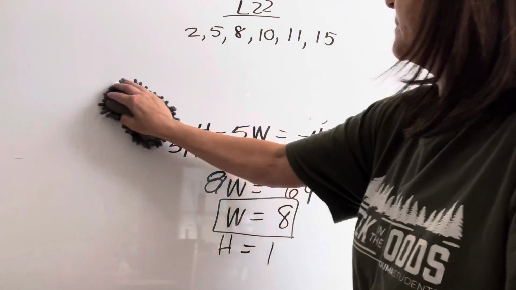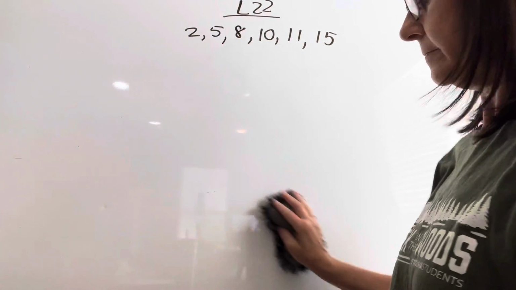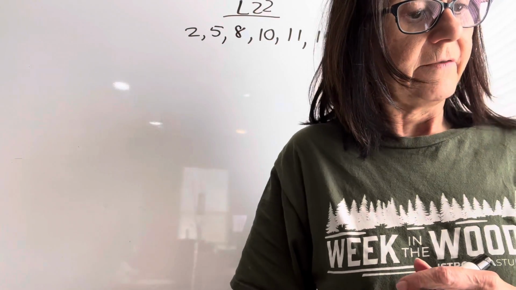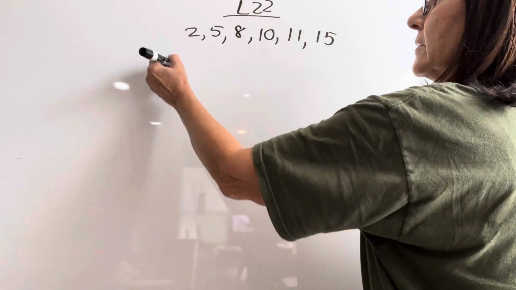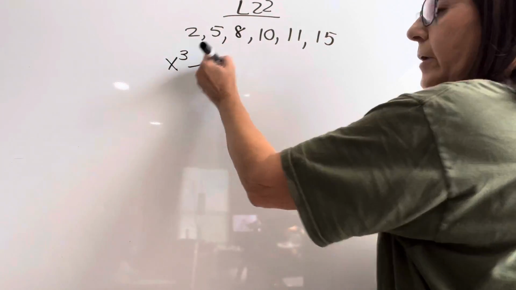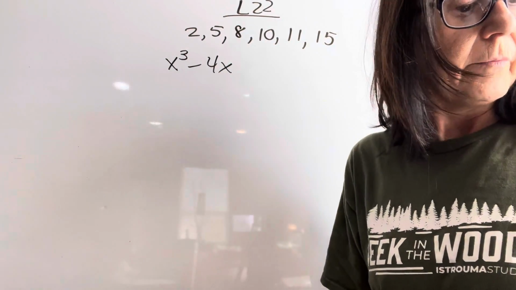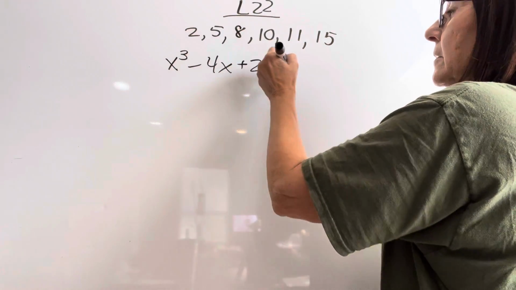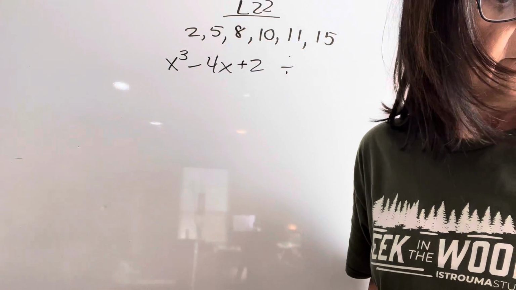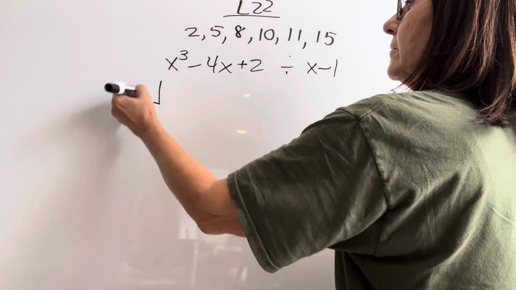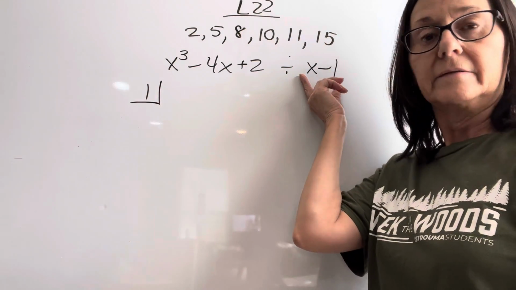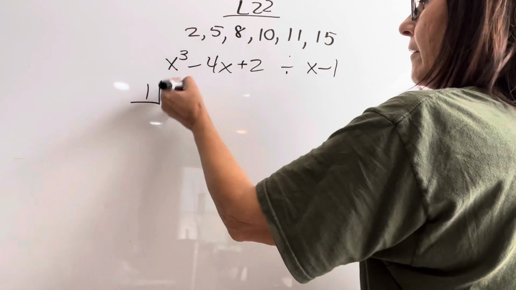Number 8. Divide x cubed minus 4x plus 2 divided by x minus 1. All right, so I write the number that makes this equal to 0. I write my coefficients.